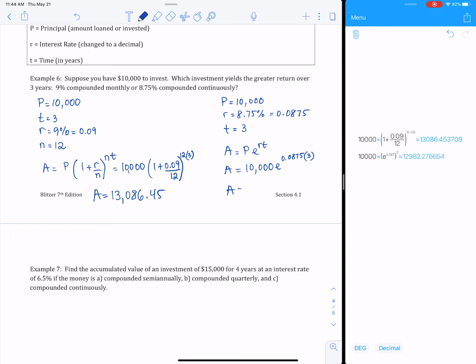And compounded continuously, we are going to accumulate $12,982.28.